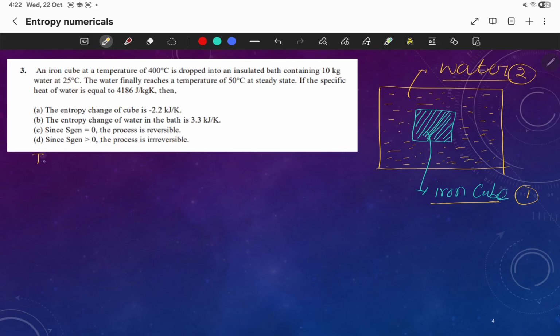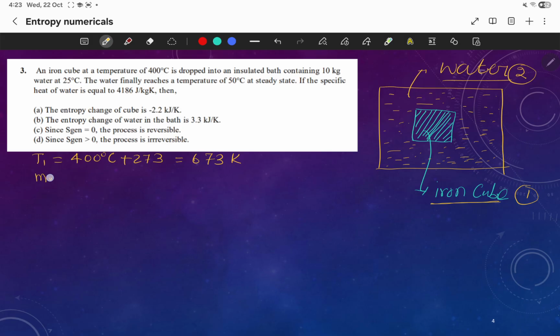Now its temperature T1 is how much? 400 degrees Celsius. So just add 273 here. It will be 673 Kelvin. Is dropped into an insulated bath containing 10 kg of water.